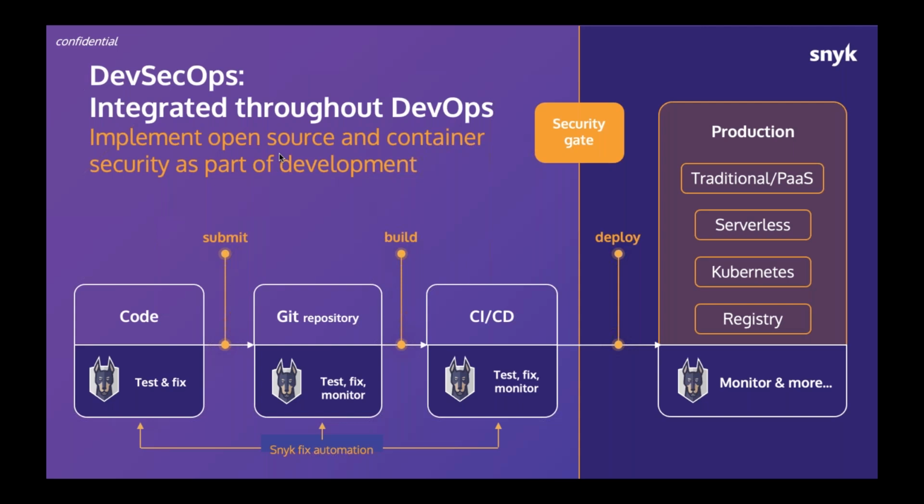In their Git, making sure that no new code that's being developed is put in that's vulnerable. Making sure that the build itself can have some gates so that it's not deployed if it's insecure, etc. So really making sure that you're on the right to put the right gates in place, and you're on the left to prevent adding vulnerabilities and to help developers fix as soon as possible.